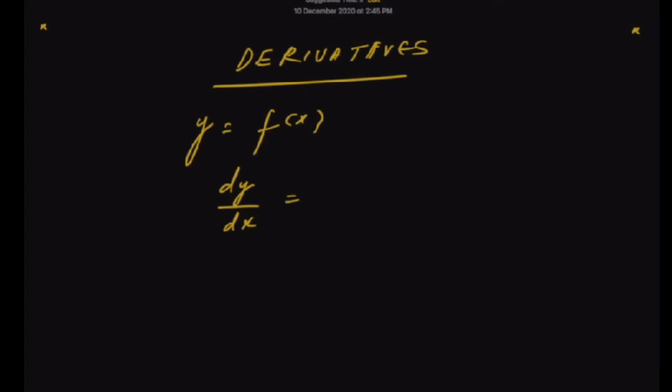So what was dy by dx? If you have any function, say y equals f of x, you have some function, say this function. So what was the derivative of this function? The derivative of this function was the slope of this function.